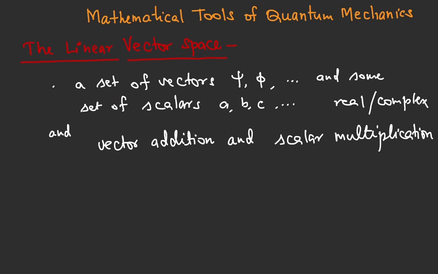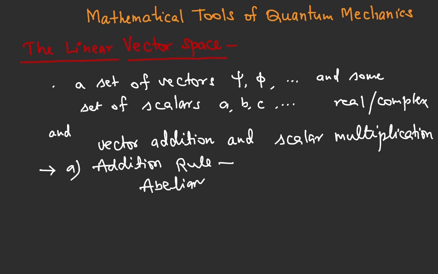So under the addition rule, it has some properties and the structure of an abelian group. So a vector space must be an abelian group.